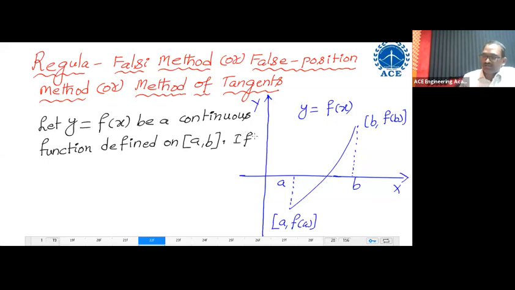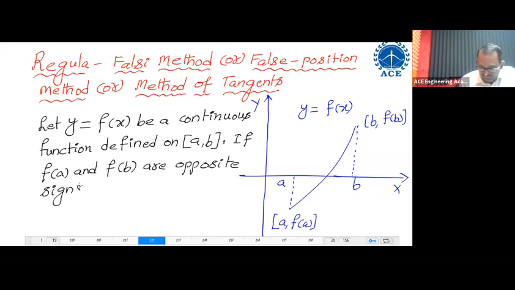Look there, f of A and f of B are of opposite signs. Here f of B is negative, since in the fourth quadrant the y coordinate is negative.